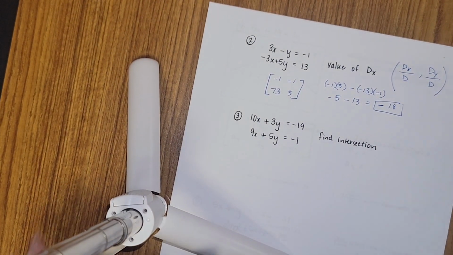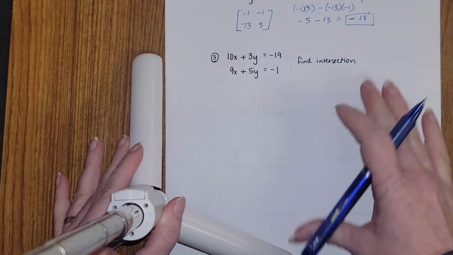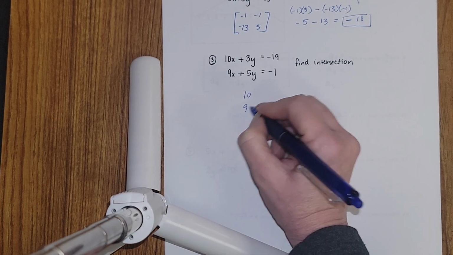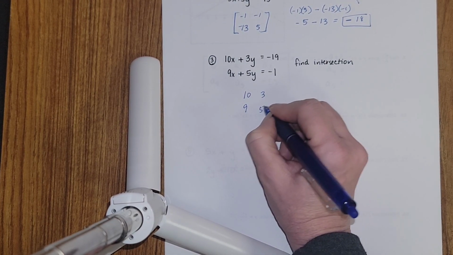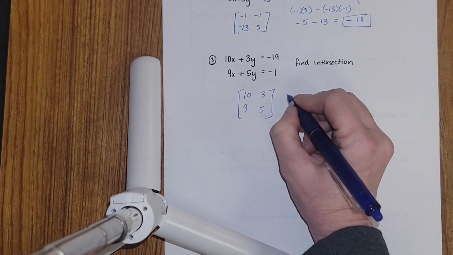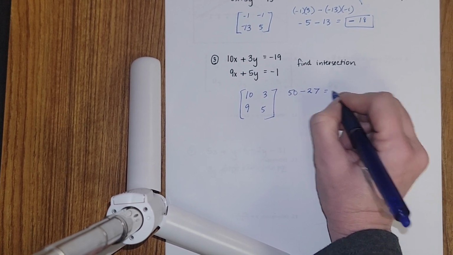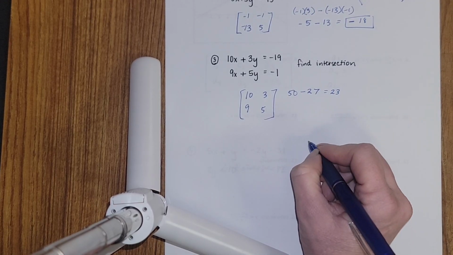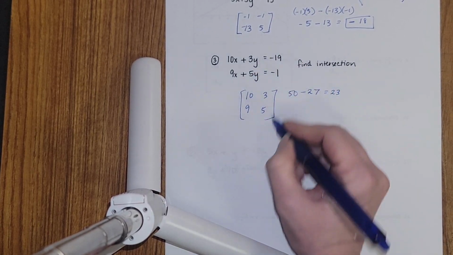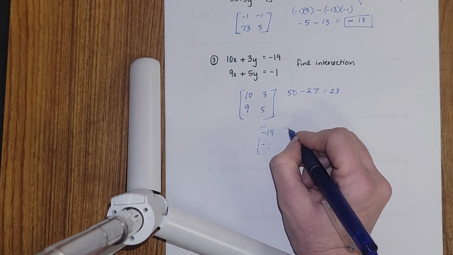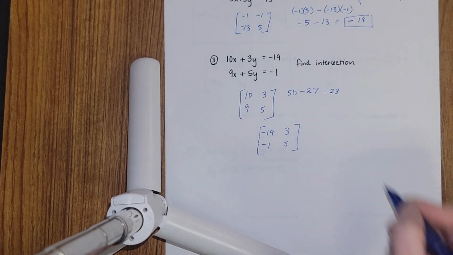All right, number 3, they're asking us to find the intersection. So we're actually going to use Cramer's rule. So first I'm going to do the determinant of my original matrix. So that'd be 50 minus 27. So that's 23. Then I'm going to replace the x values, so -19 and -1, 3 and 5.